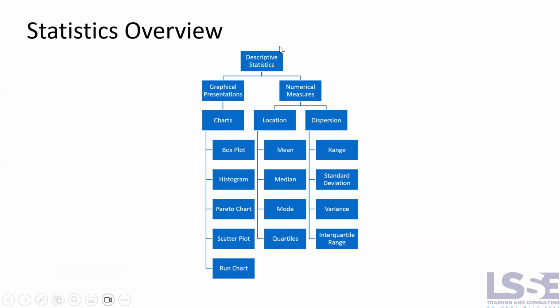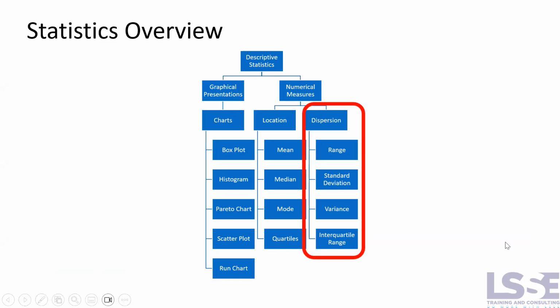As a recap, in the descriptive statistics part, there are two sections to cover. One is the graphical presentation, which will be the coverage of this module, and the other one was numerical measures, which we covered last week. In the numerical measures, we went through the definitions of location: the mean, the median, the mode, and the quartiles.